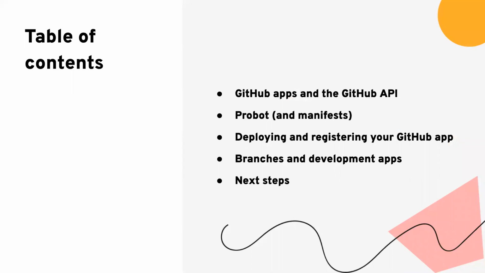Before we get into that template specifically, which allows you to really quickly deploy a GitHub app on Platform.sh, I want to really briefly touch on what GitHub apps are themselves, in case anyone isn't familiar, and how they use the GitHub API to listen to activities from and interact with repositories.